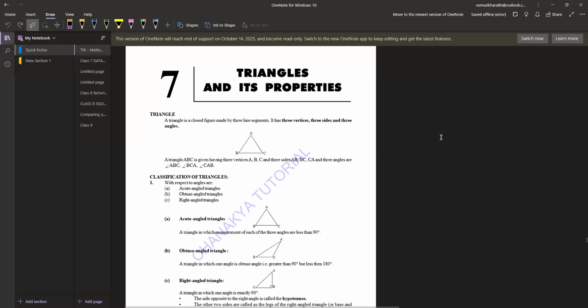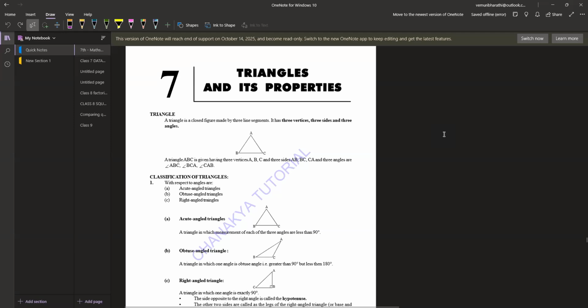A triangle is a closed figure bounded by line segments, which are three line segments. If it is four line segments, what is the name of the polygon obtained? If three sides form a closed figure bounded by three line segments, we name it a triangle.